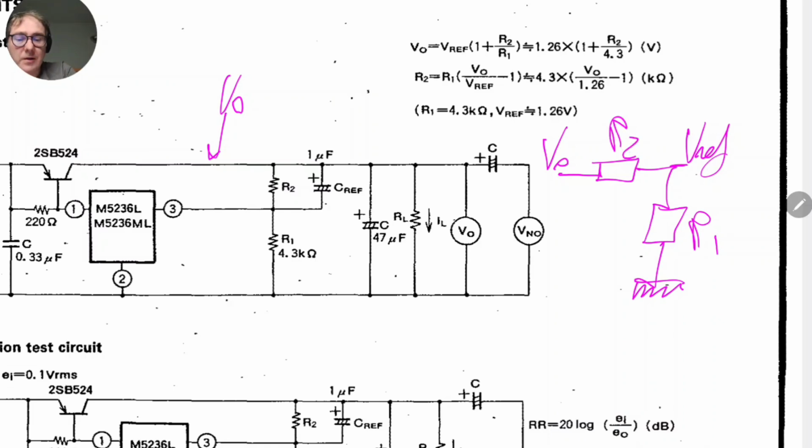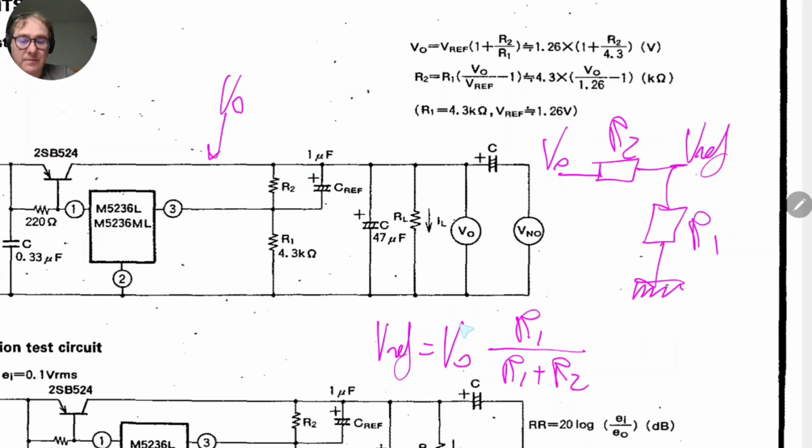There's a formula that you can write, which is Vref equals VO multiplied by R1 plus R2. Here what we want to know is VO. So VO equals Vref multiplied by the inverse of this, R1 plus R2 divided by R1.